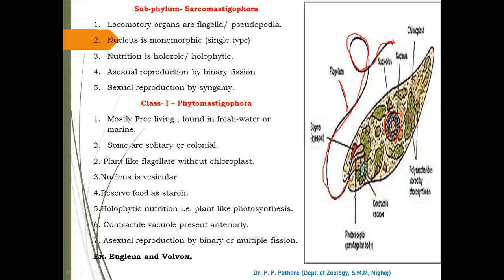They have the ability to use their own body and reproduce themselves, by binary fission. I hope you understand what asexual reproduction is. This is the whole information regarding features of subphylum Sarcomastigophora and class Phytomastigophora.